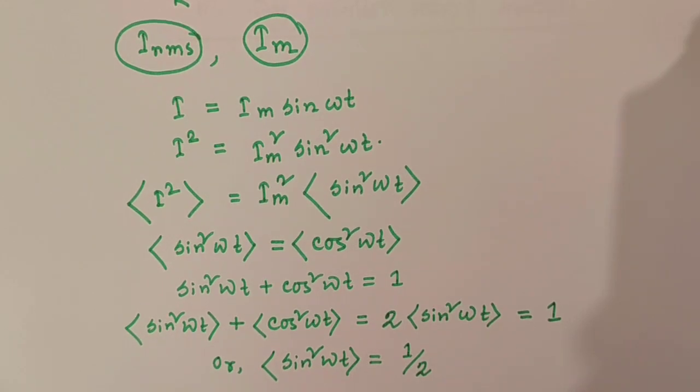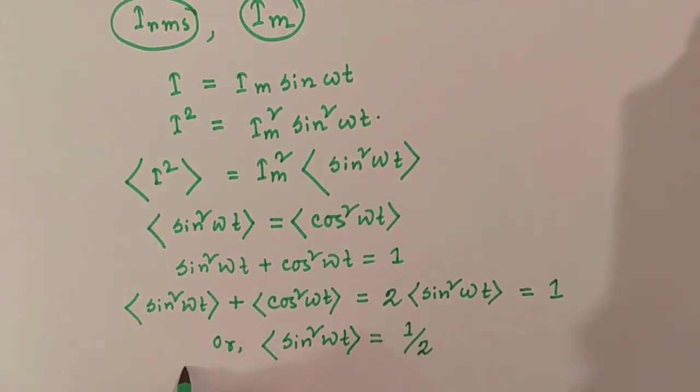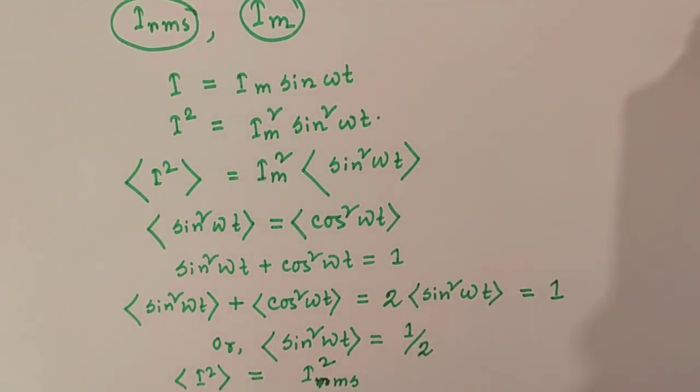Therefore, the average value of I square is equal to IRMS square, which is equal to Im square divided by 2.